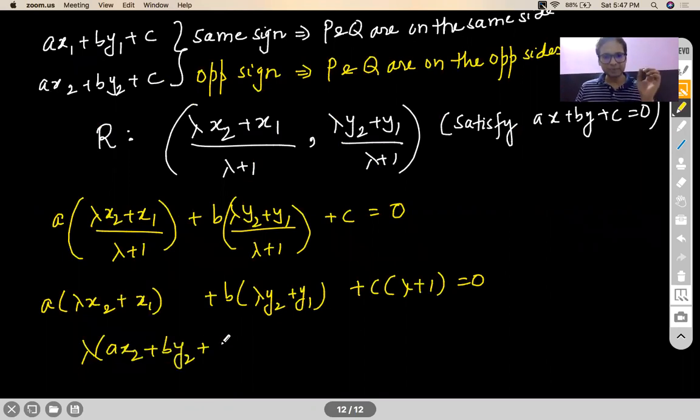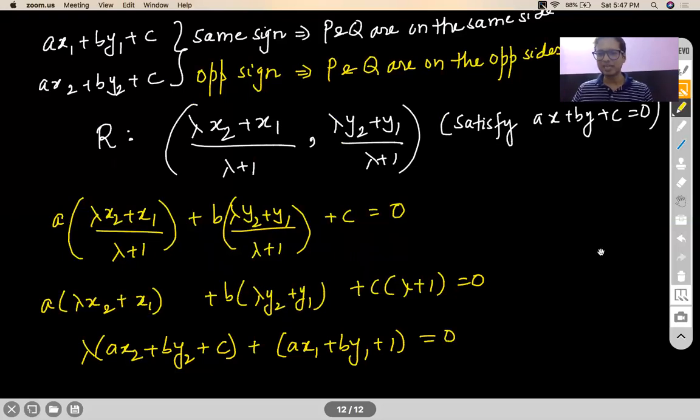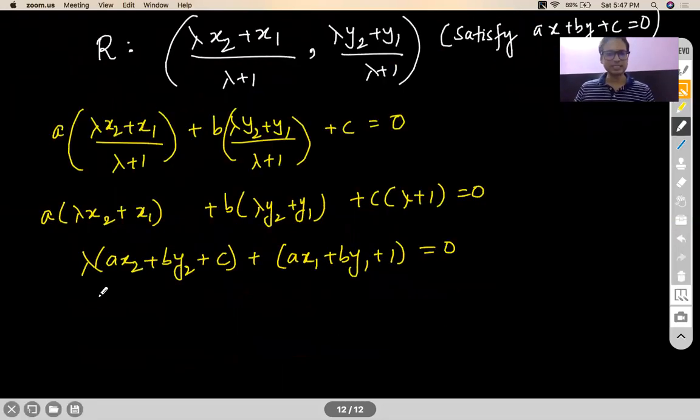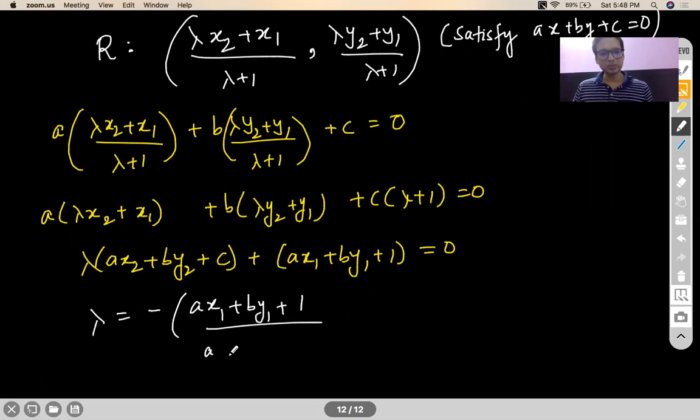Okay. So basically I'm trying to reach what Hariharan had given me as a method to figure out. So I'm trying to justify his rule that he has stated. Okay. So lambda comes out to be negative (ax1 + by1 + c) by (ax2 + by2 + c). Why am I writing 1 over here? It has to be c.